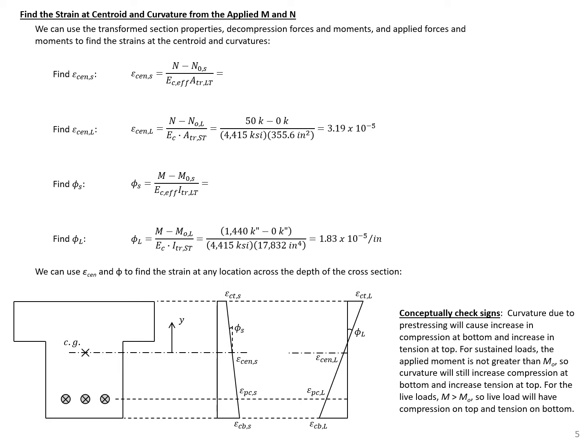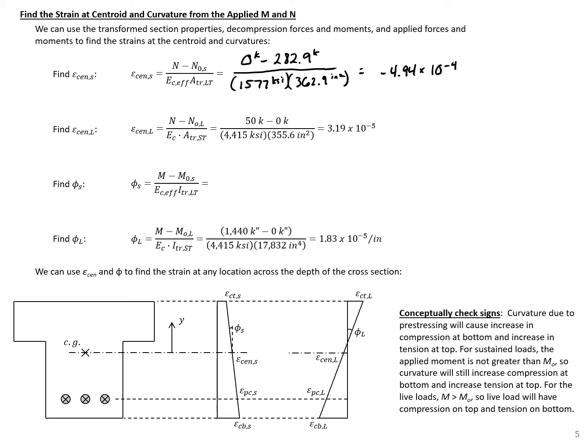So starting with our sustained load, we have no applied axial load, so 0 minus 282.9 kips divided by our E C effective, 1,577 KSI, times our transformed area, 362.9 square inches, which will give us a strain here of negative 4.94 times 10 to the negative fourth.